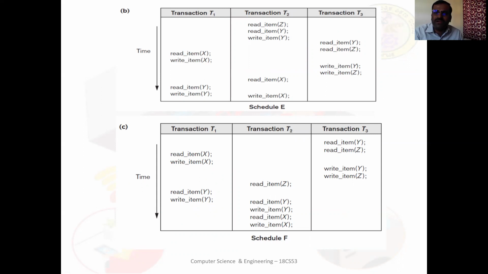Then writes item Y, writes item Z. Then transaction T1 reads item X and then writes item X. Again transaction T2 reads item X from T1. These are interleaving operations.